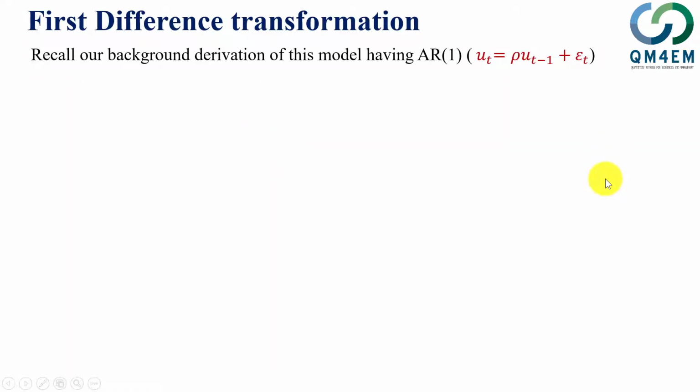Let's start again with the background of the derivation which we just saw for transforming our model to the first difference model. We assume that there is a model with one dependent and one explanatory variable, and then we use the AR(1) assumption of the error term being correlated with only the previous value, and then we obtain this equation I just showed you a while ago.